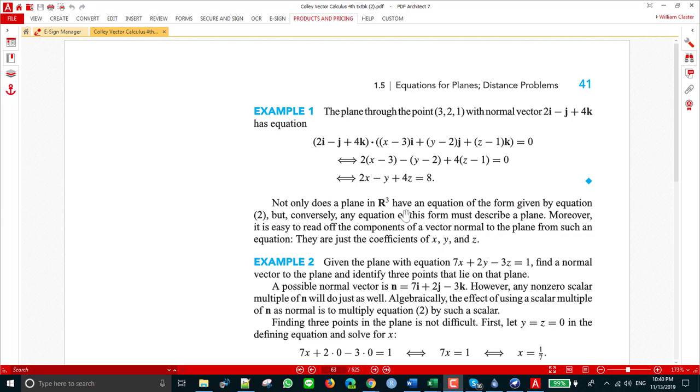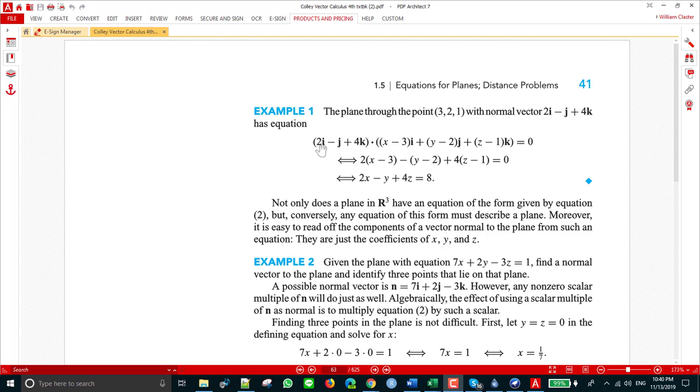Not only does a plane in R3 have an equation of this form, but conversely, any equation of this form must describe a plane. Moreover, it's easy to read off the components of a vector normal to the plane from such an equation. If we look at this, where we squished all the constants into one big constant at the end, 8, then what remains is just 2x minus y plus 4z.